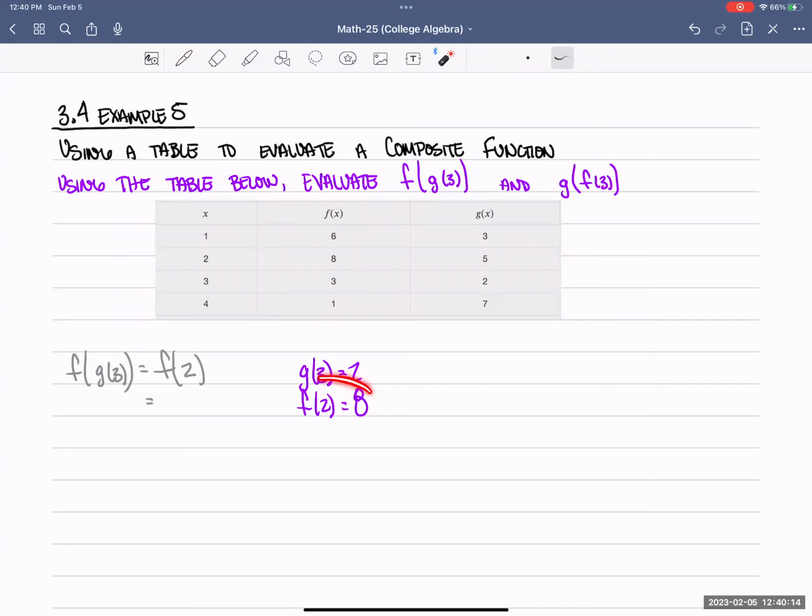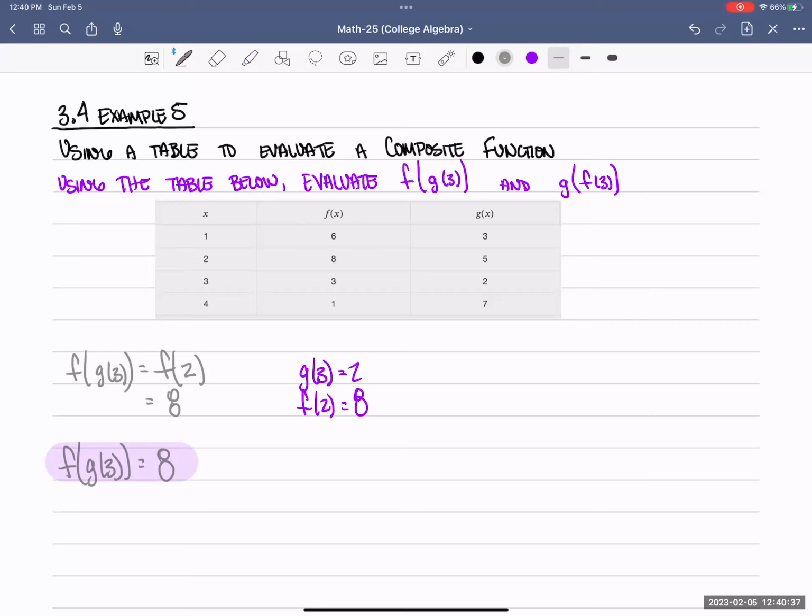And now we grab this information and put it right over here. F of 2 is equal to 8. And that's it here. So we would say f of g of 3 is equal to 8. And there's that computation.